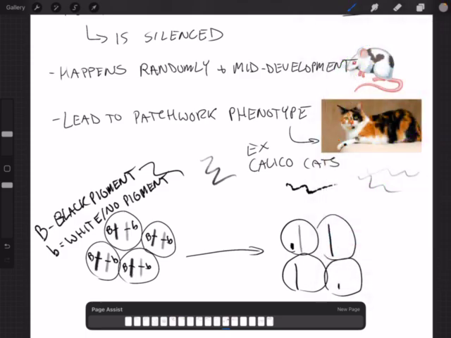So we can keep the recessive B active as is happening here or here, or we could turn that one into a bar body and only have the black allele, right? So this cell is going to make no pigment. This cell is going to make black pigment.